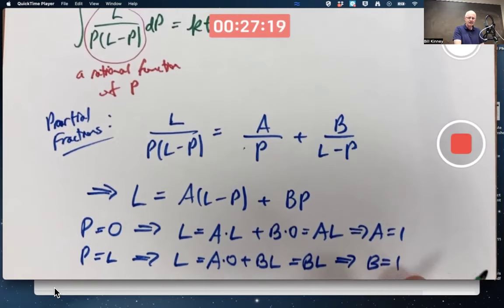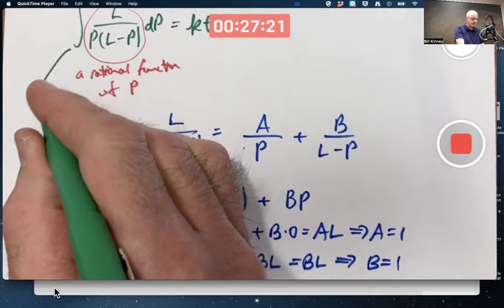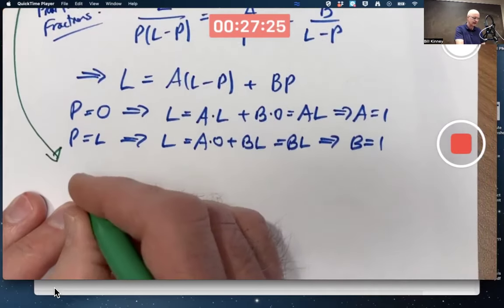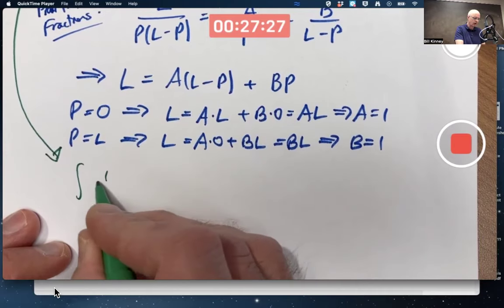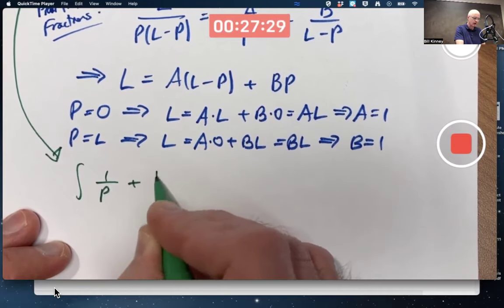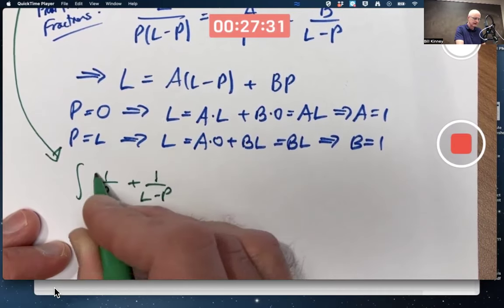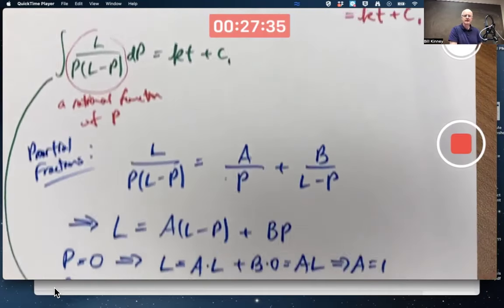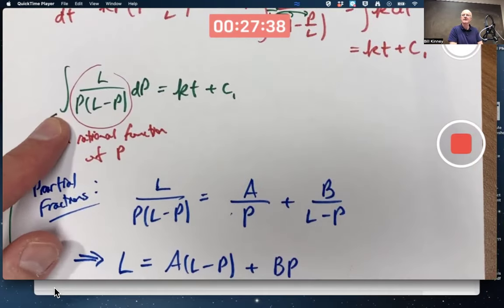But now I can write that integral up there in a new way. Integral of 1 over P plus 1 over L minus P. Here's the original integral again.